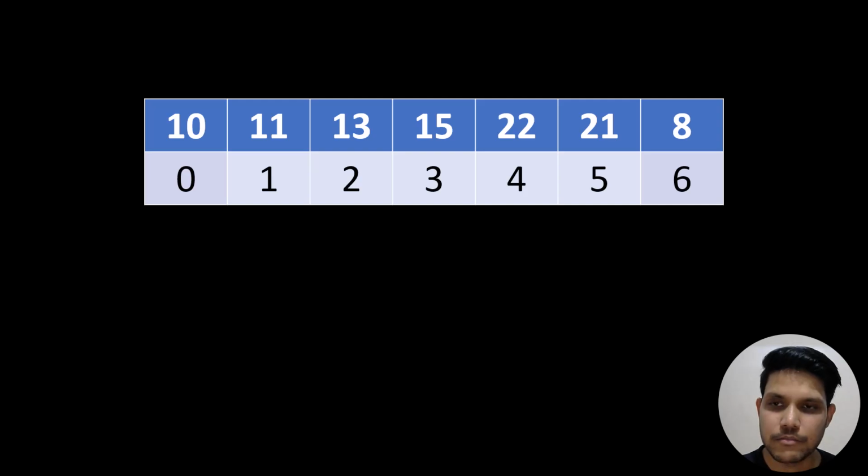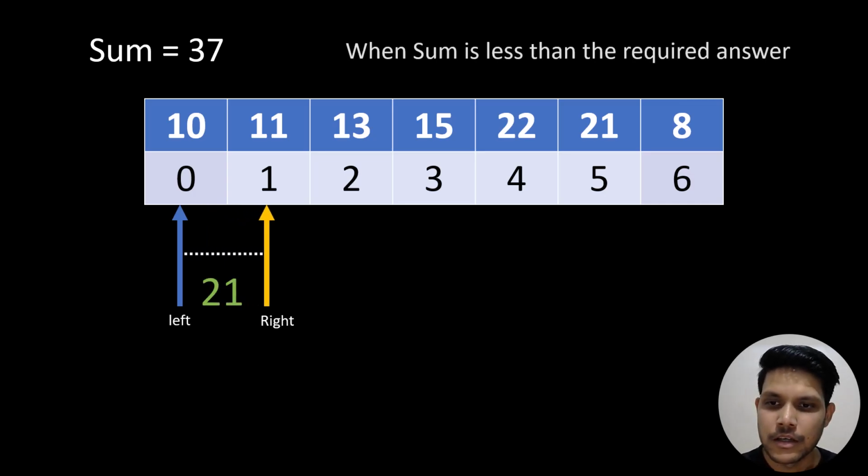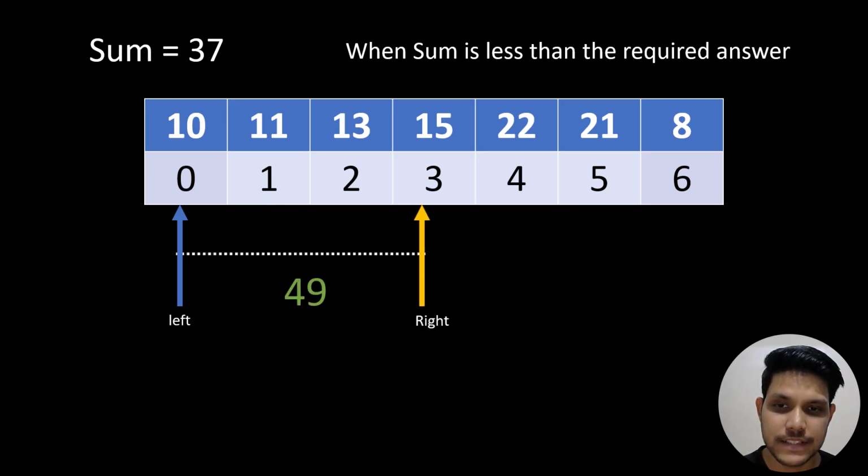So now let's look into what the 2 pointer approach is. As the name suggests, we would have 2 pointers pointing at the start of the index. Let's say these are left and right. Now when the sum is less than the required answer, we need to increase our window so that the sum increases to the particular value that we are seeking, and we keep on incrementing until we reach that point.